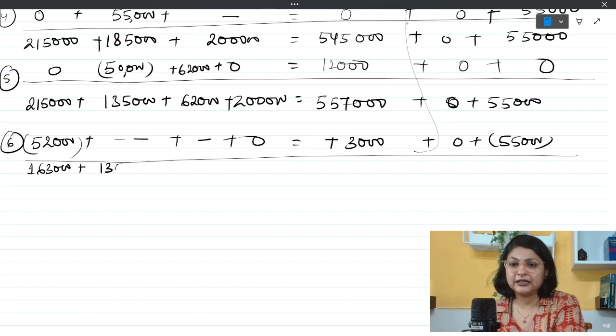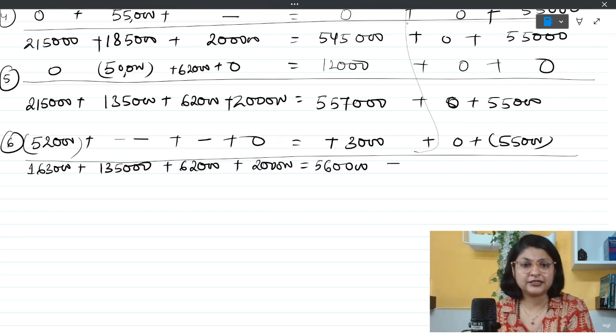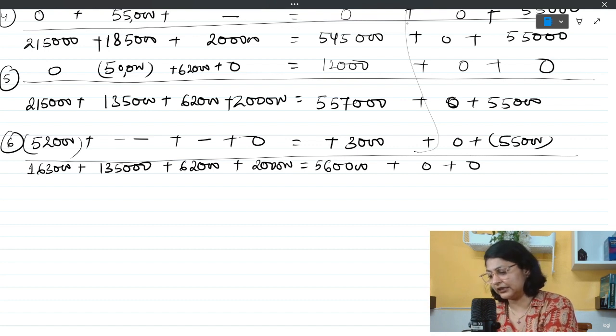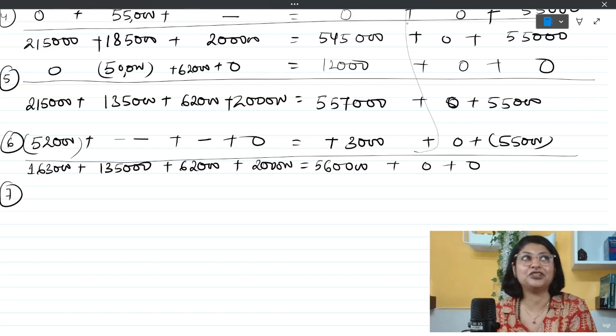Other columns are unaffected on the asset side, whereas your capital has become 5,60,000 and your other liabilities have become 0. So let's check once again. 1,63,000 plus 1,35,000 plus 62,000 plus 2 lakh rupees is equal to 5,60,000, and once again my accounting equation is tallying.